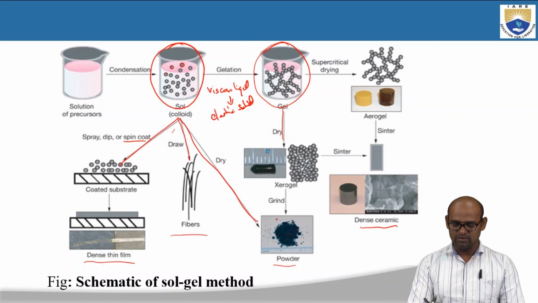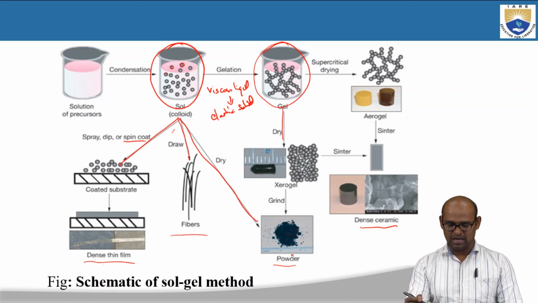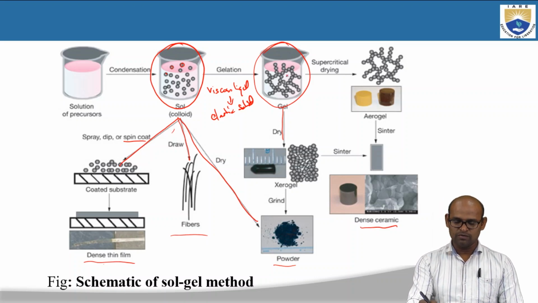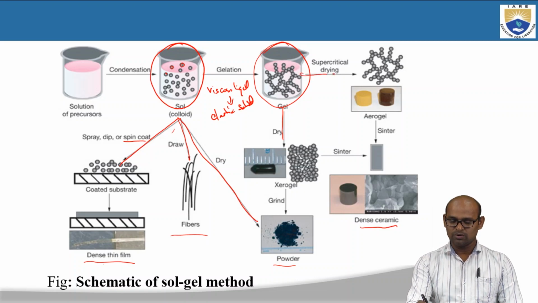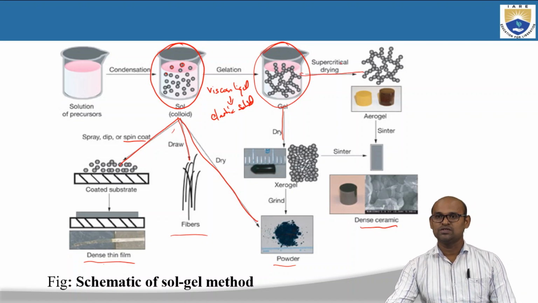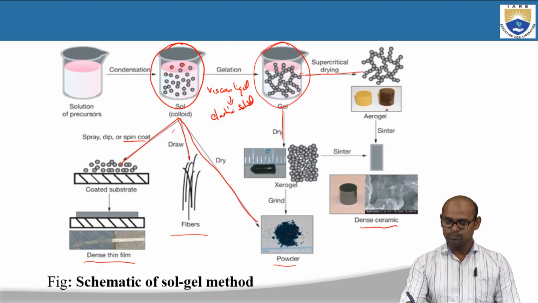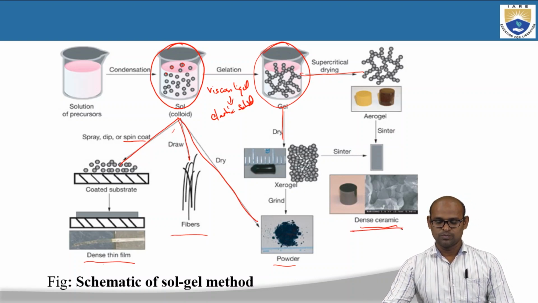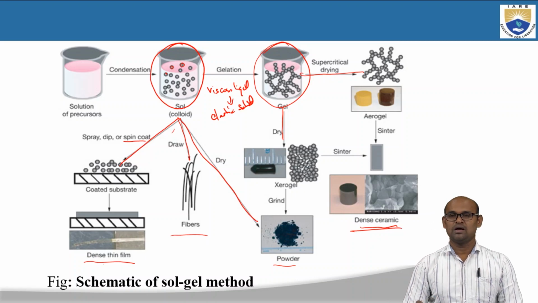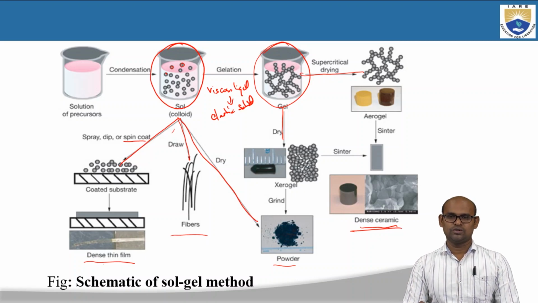Once we grind, we can get powders from the gel also. So you can prepare powder from the gel or from the solution itself, or supercritical drying of this gel can give you different types of long polymers, so aerogel, and then sinter them to get these dense ceramic materials. So this is a schematic of the sol-gel method.